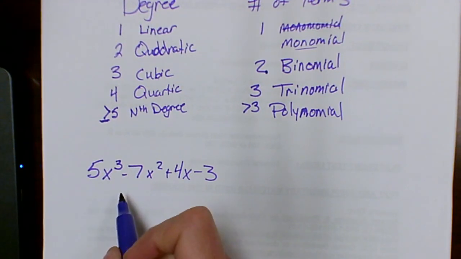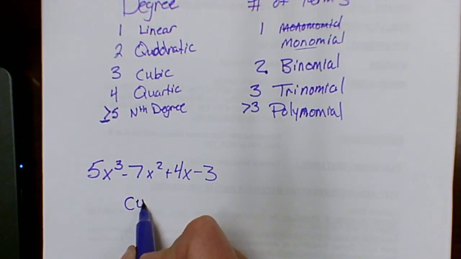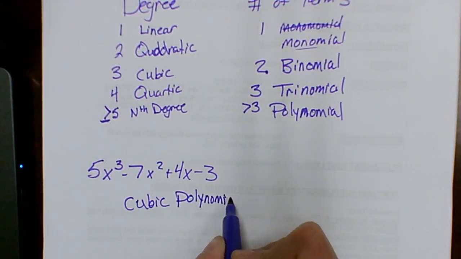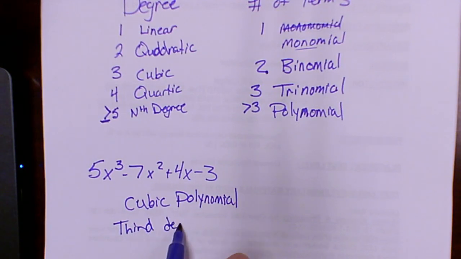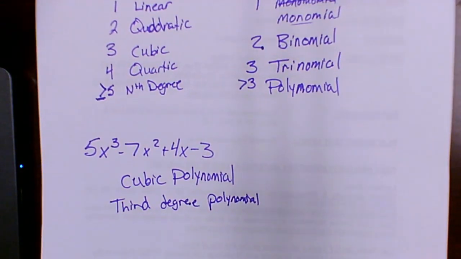So this is a third degree polynomial, or a cubic polynomial. Sometimes we just say the third degree as well. So either one will work. You can get really specific or just say third degree.